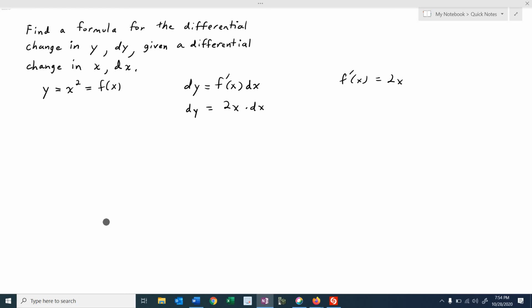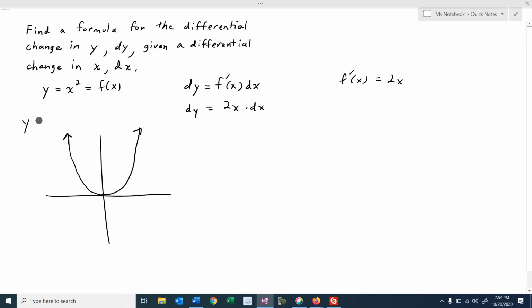So an example of this might be, let's say you have the graph of this function, right? Y is equal to x squared would look like this. And let's say at this point x is equal to 3. You want to find the differential change in y when you move over to a point next to it like 3.1.